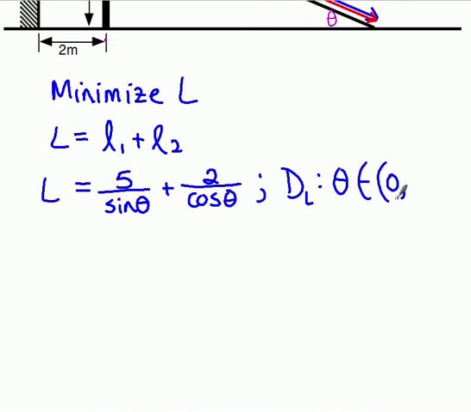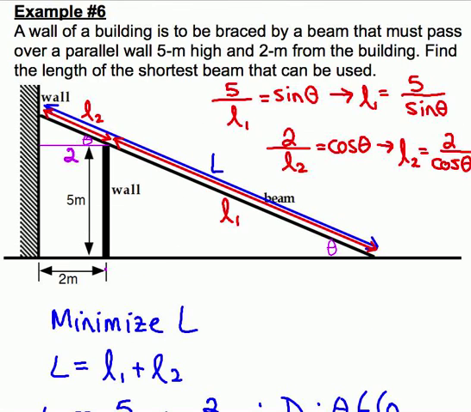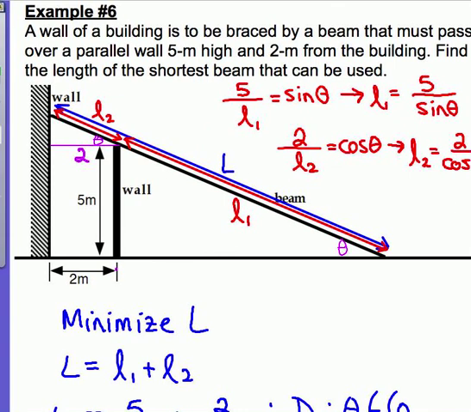If I wanted to make theta bigger, I would have to move this end of the beam closer and closer to the wall. And as I do that, I could imagine having a beam which is going to get increasingly long. If I move it over to here, my beam is now going to go up something like this. And I can see that the angle here, theta, would keep getting closer and closer to 90 degrees.